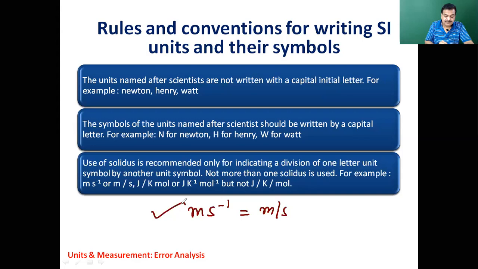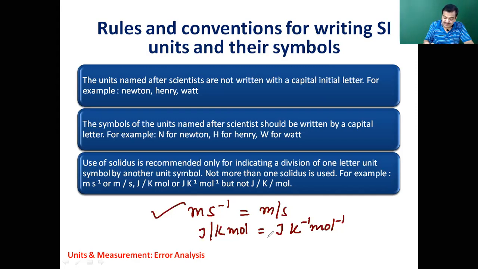Correct. If it is written joule per kilogram mole, so you can write joule Kelvin -1 mole -1. So raised to the power -1 simply means it is 1 upon.